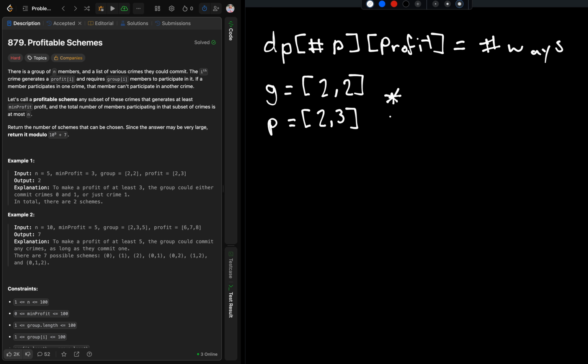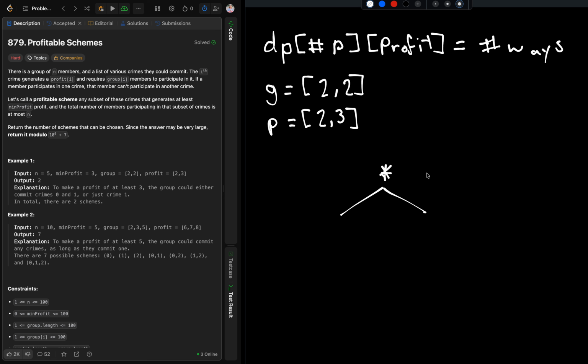Let me just rub this out. Okay. So for the start, we're at I equals 0, which is this first 2. So we have a choice of whether we want to take it or we don't take it.